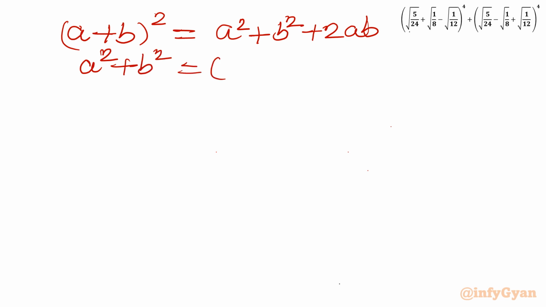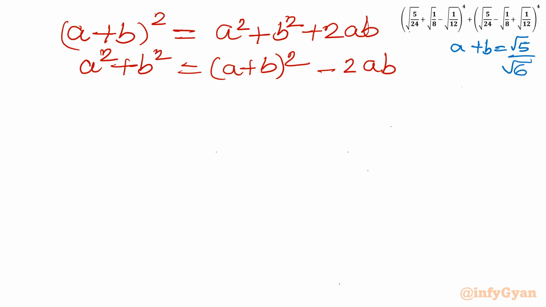It would be a plus b whole square minus 2ab. Now we have to apply both the values a plus b and ab. a plus b was root 5 over root 6, and a times b was 1 over square root 24. Let's plug in here and here.